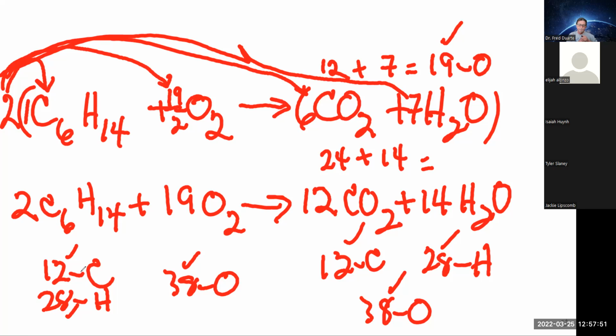So for this particular hydrocarbon, I need 2 molecules of C6H14 and 19 molecules of oxygen to yield 12 molecules of carbon dioxide and 14 molecules of water.